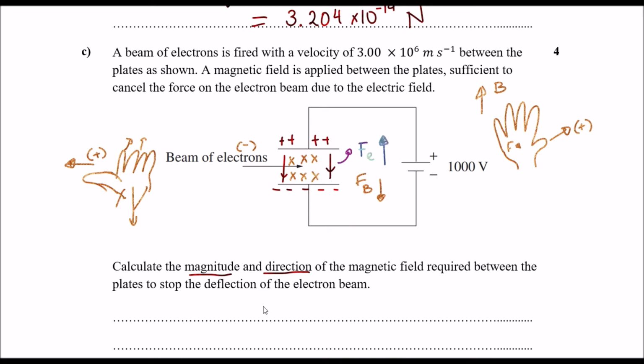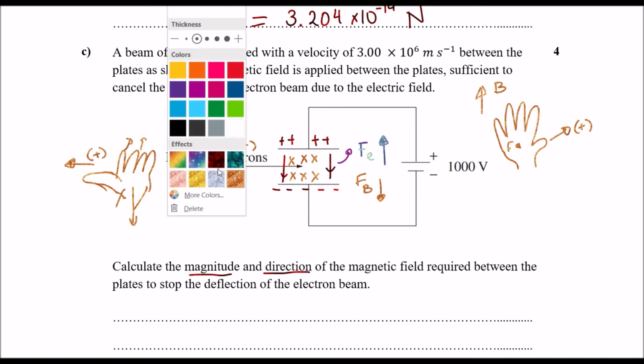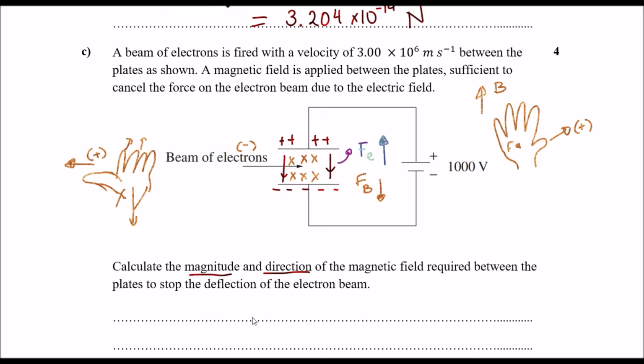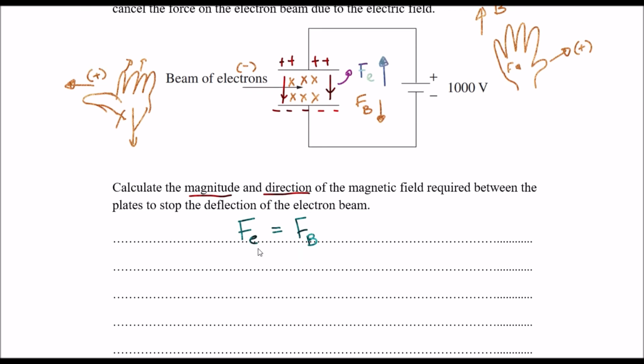Okay, next part is to calculate the magnitude of the magnetic field that generates this particular force. So we can equate that the force from the electric field is equal to the force of the magnetic field. So we know the equation already.